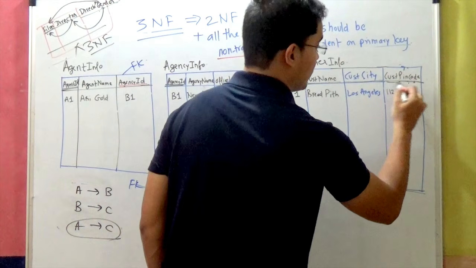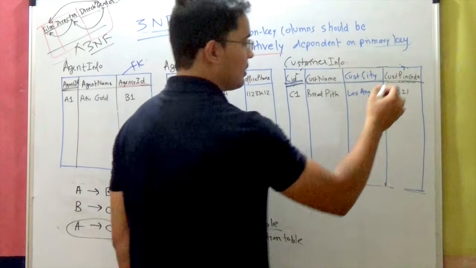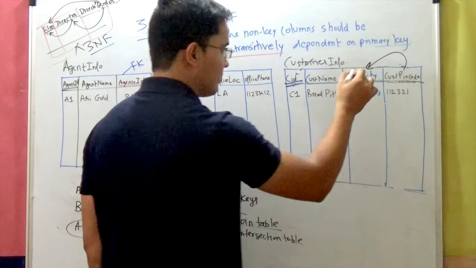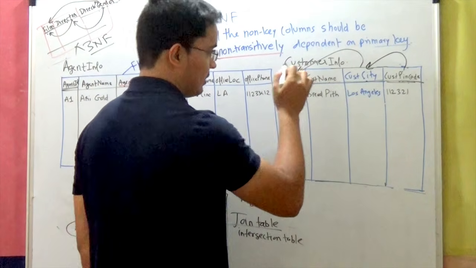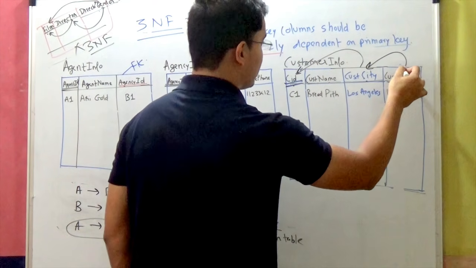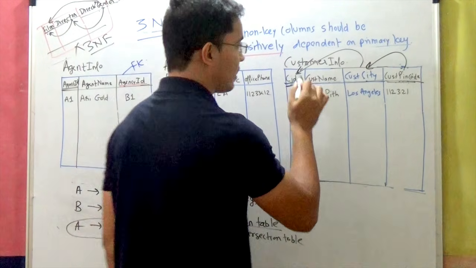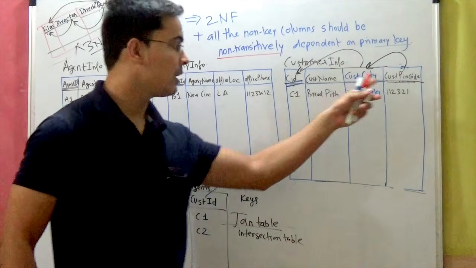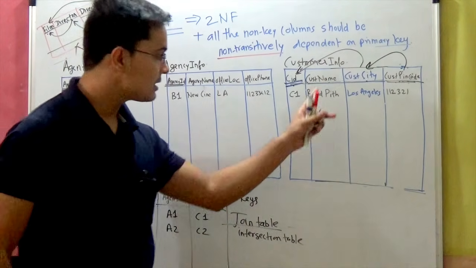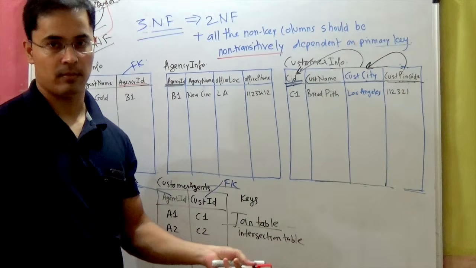Now, customer PIN code. Customer PIN code depends on customer city, and customer city depends on customer ID. So here, customer PIN code is transitively dependent on the primary key customer ID. Not directly, but transitively through the customer city column. Hence, this table is not in third normal form.